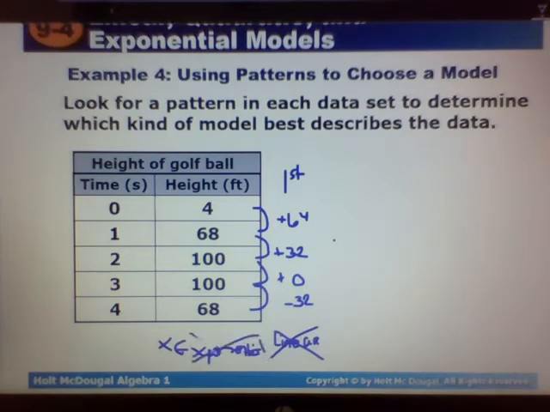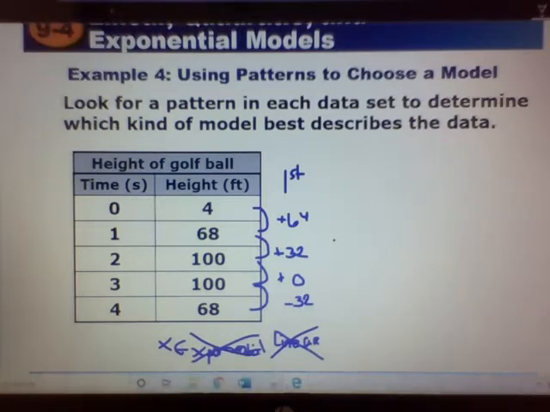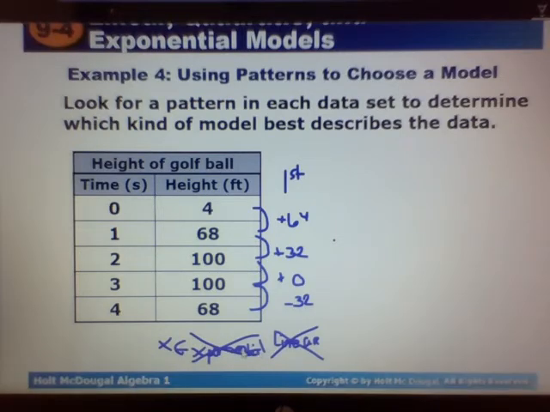Okay. All right. So then we're going to move on to our second differences. So all I need to do is decipher between the 64 and the 32. And so I'm looking at 64 and 32 and saying, well, between those two, I would go down 32. Between 32 and 0, I need to subtract 32.